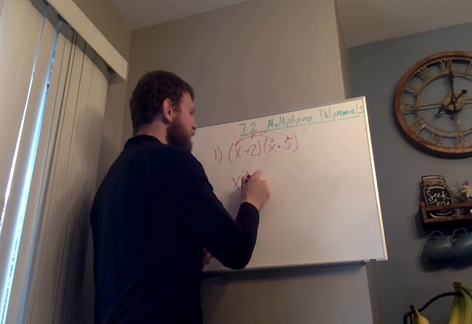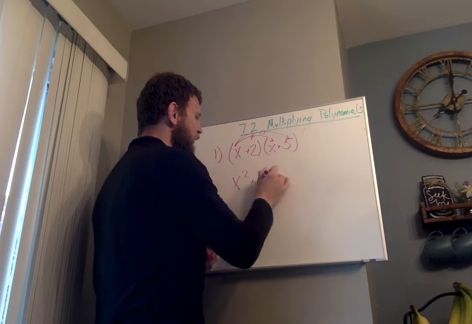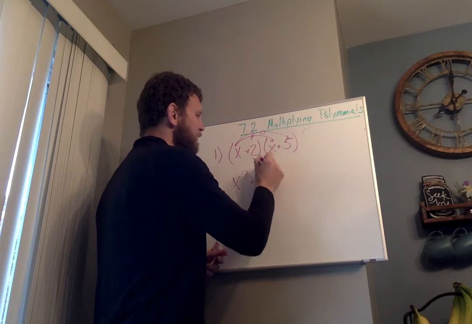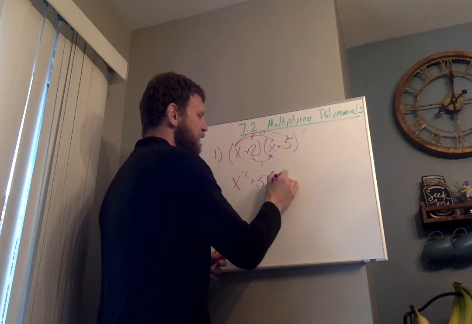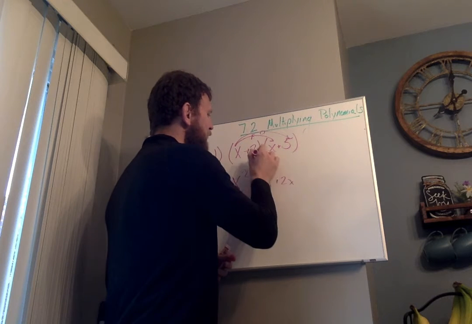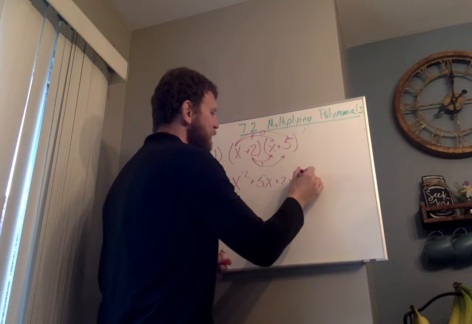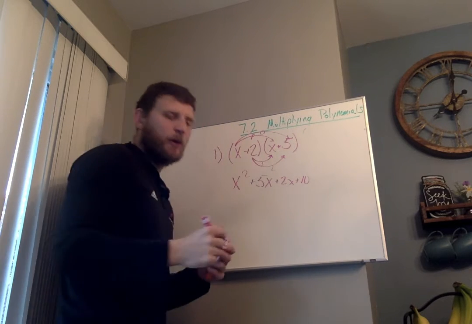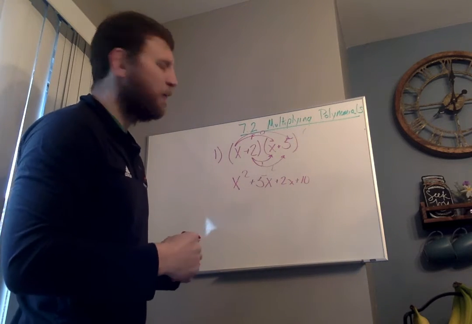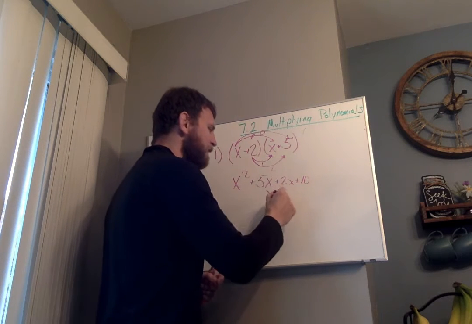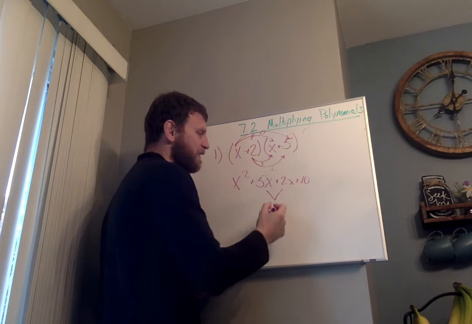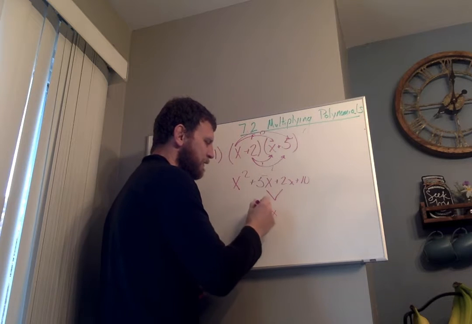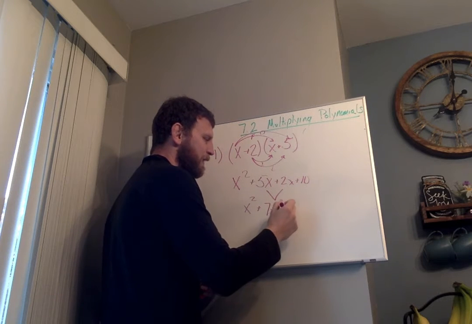So that's going to be x times 5, which is 5x. Inner, that's the 2 times the x. So that's going to be 2x. And then 2 times the 5, well, that's 10. That's my last. F-O-I-L, foil. Now from here, I can combine the 5x and the 2x, so that's 7x. So this is x squared plus 7x plus 10.